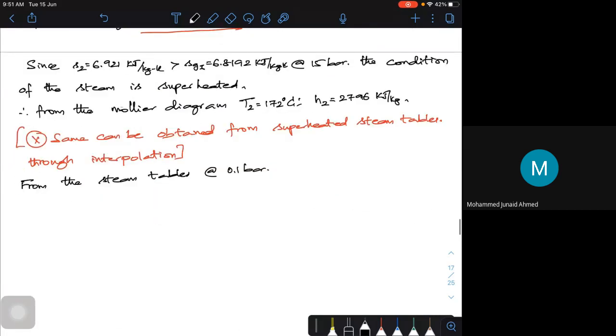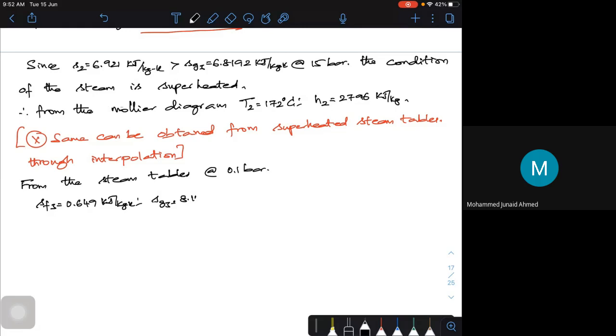SF3 is equal to 0.649 kilojoules per kg Kelvin. Then SG3 is equal to 8.15 kilojoules per kg Kelvin.